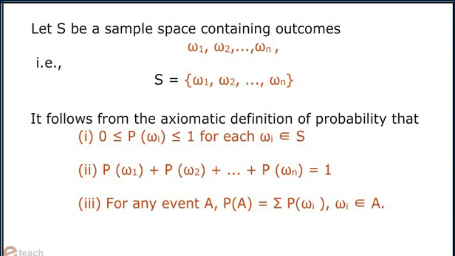Probability of omega 1 plus probability of omega 2 up to probability of omega n equals 1. Number 3. For any event A, probability of A is equal to the summation of probability of omega i, where omega i belongs to A. Let's now consider an example.